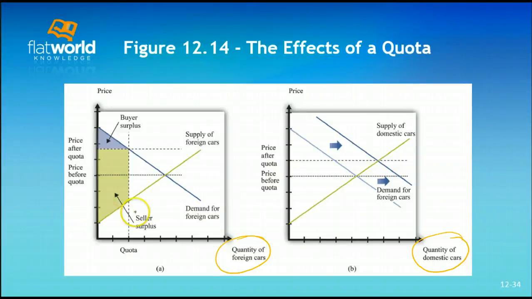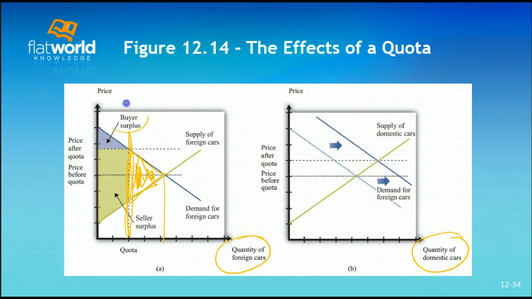So it decides to insert a quota into the market, which creates a quantity that is less than the equilibrium quantity, if you see here. We're, of course, going to have a dead weight loss right here, as we always do when we restrict quantities.